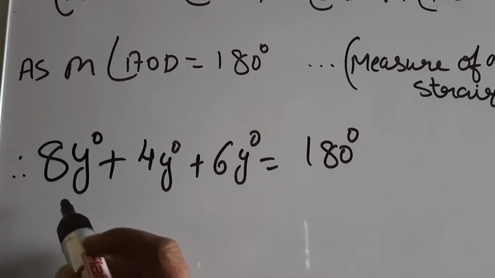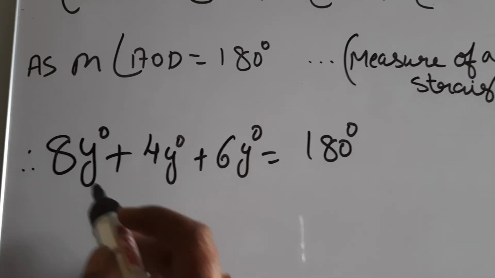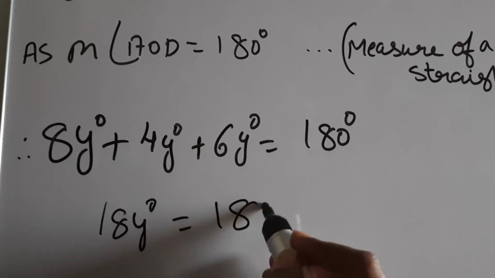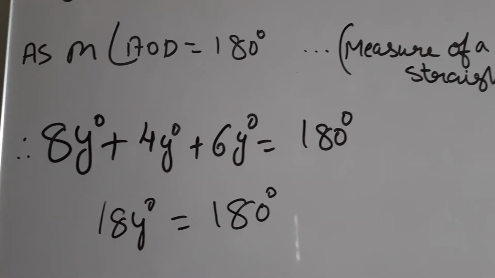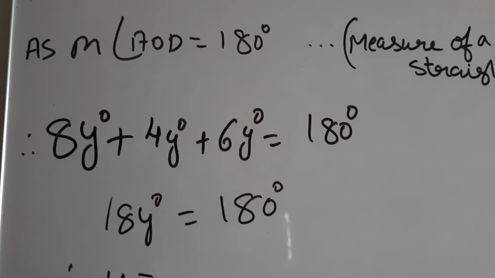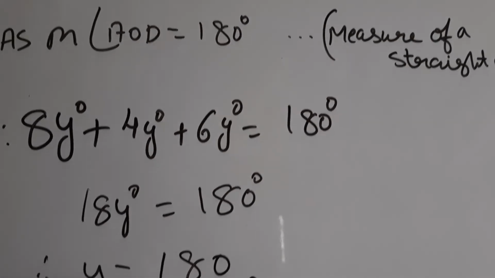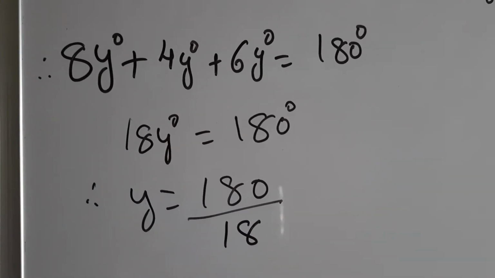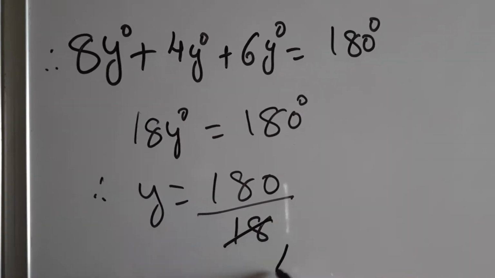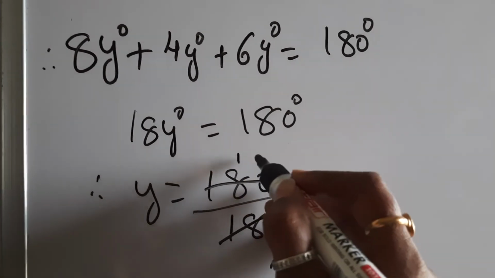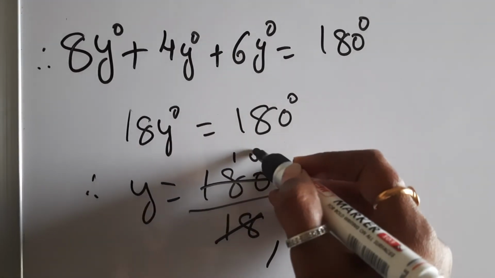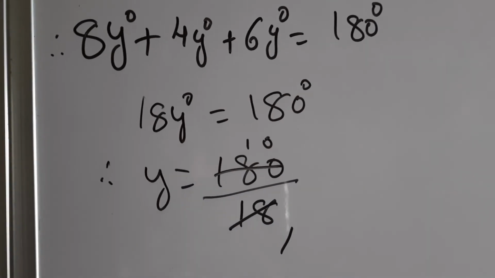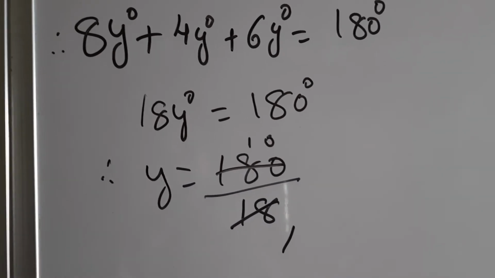Add, children. 6 plus 4, 10. 10 plus 8, 18y degree is equal to 180 degree. Therefore, y is equal to 180 upon 18. 18 ones are 18, 18 zeros are 0. Therefore, y is equal to 10.